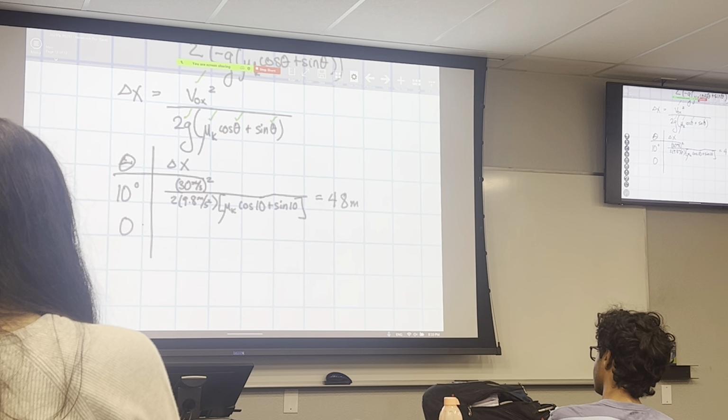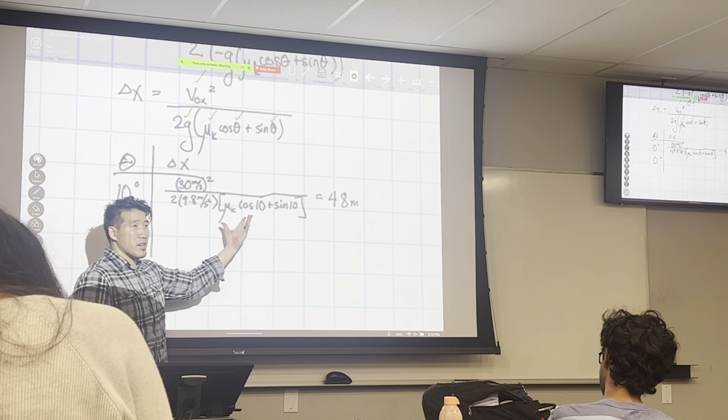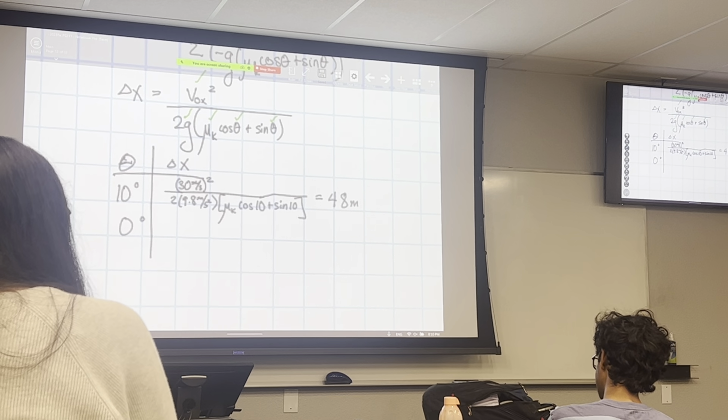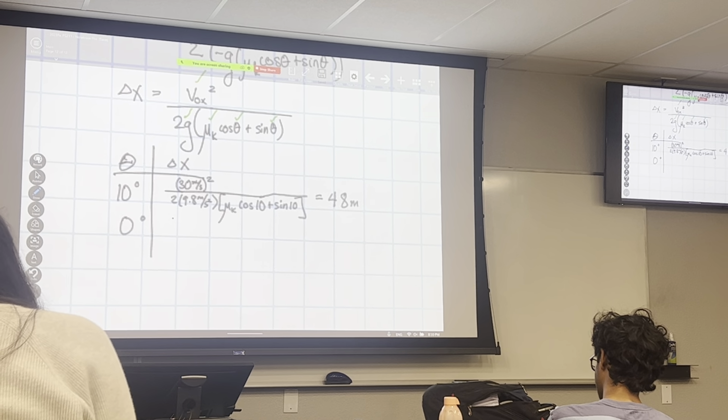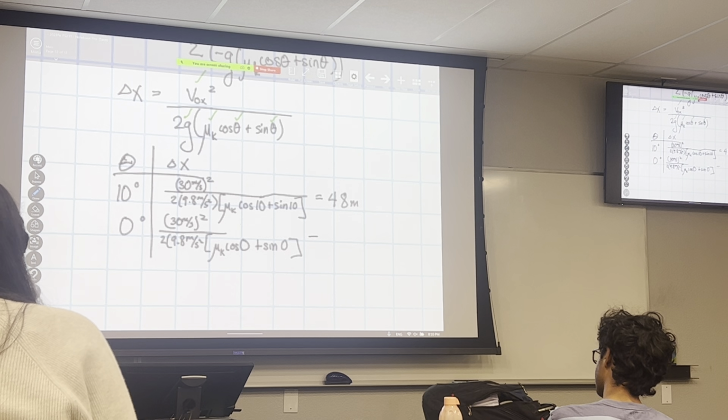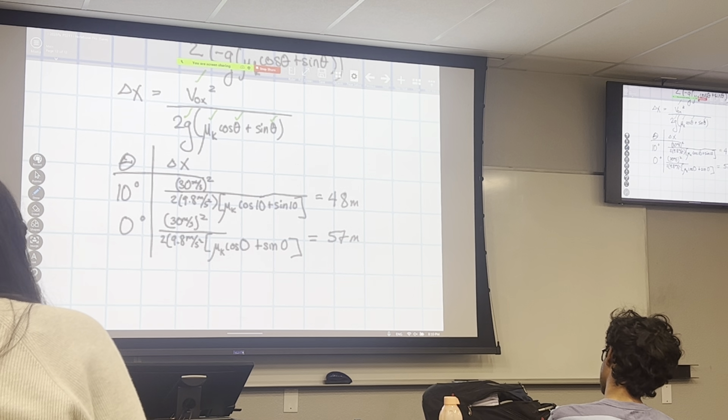And at 0 degrees, you're plugging in 0 instead of 10. And so that'll change just the denominator. And so what you're going to get is 30 meters per second squared over 2 times 9.8 meters per second squared times mu k cosine of 0 plus sine of 0. And you're going to get a value of 57.